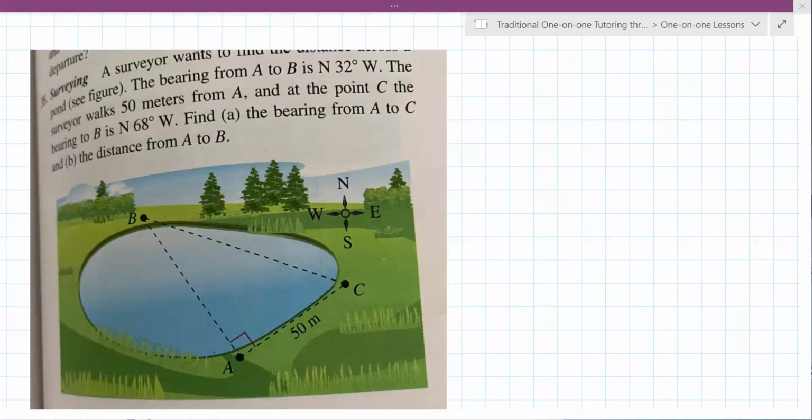That's why I'm trying to get that before I go further here. From A to B is north 32 degrees west.